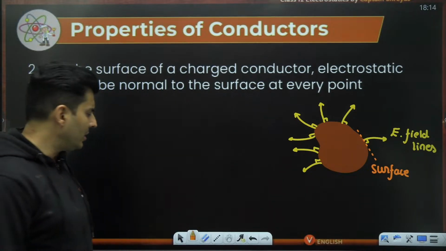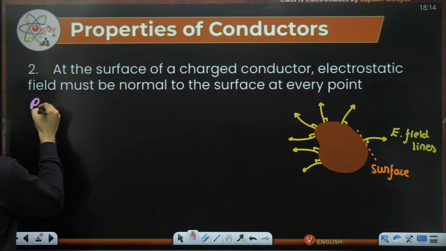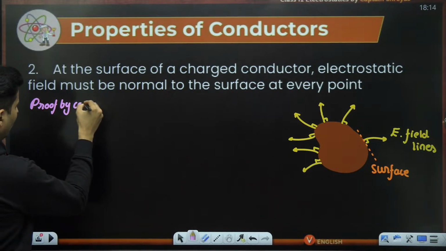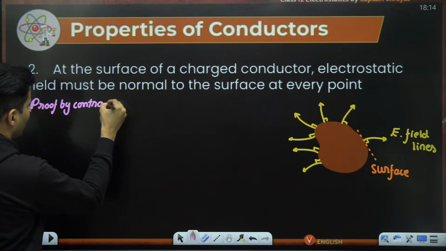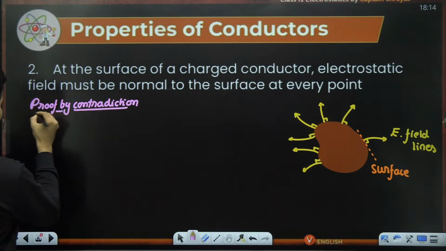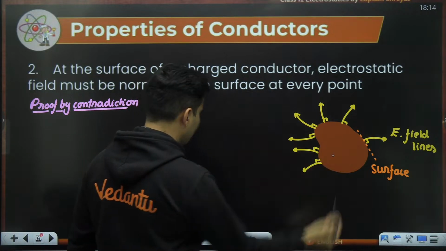Again, you can use the method of contradiction. Again we'll be able to prove this very easily. It's a valid way of proving many things in physics, mathematics, anywhere.